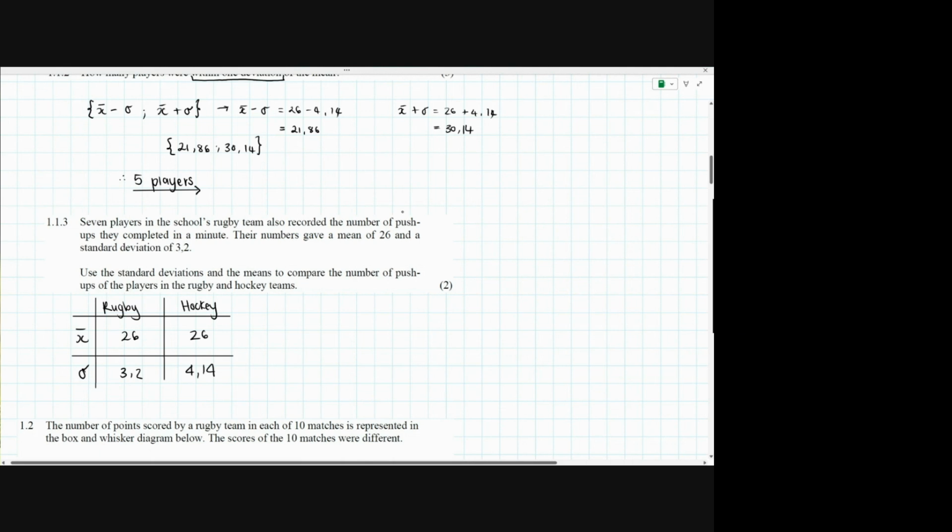When we compare, we need to be careful because my averages are exactly the same. It's the standard deviation that's different, and that's going to tell me something about the number of push-ups each team is capable of doing. So the mean is the same, but the standard deviation of the rugby players is lower.